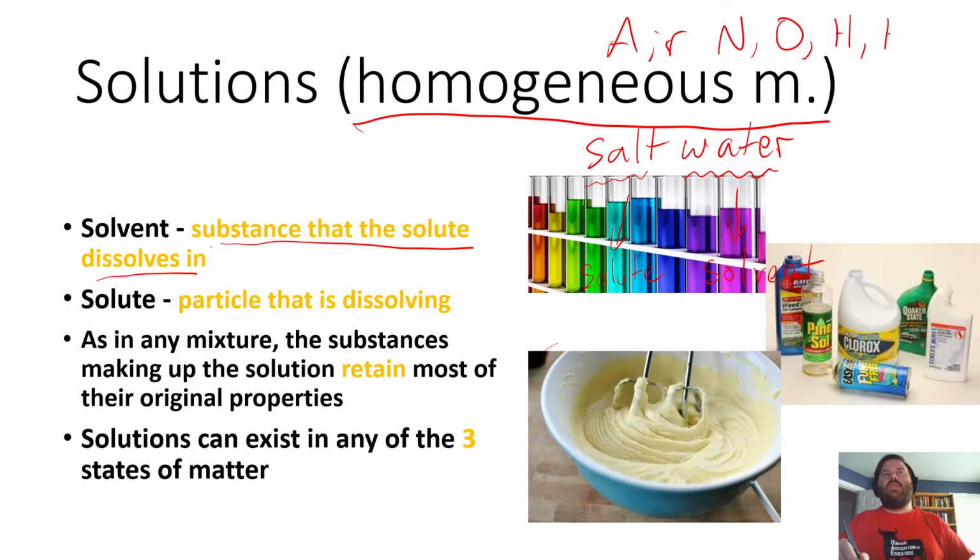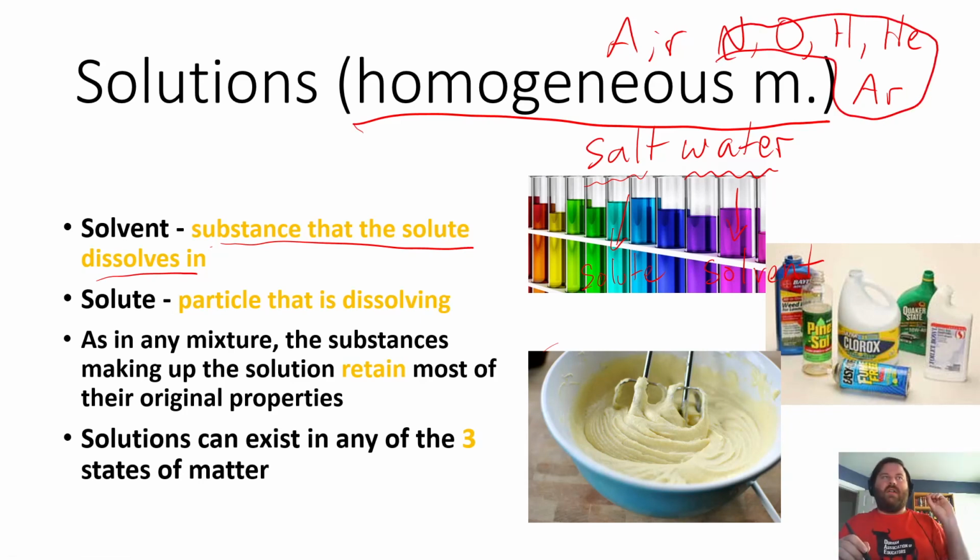There's hydrogen, there's helium, there's other stuff like argon, more interesting gases in there. So these are all mixed together, but if you took any sample of air and looked at it, it would look the same as any other bit of air that you looked at. And so crucially, that is what makes it homogeneous and a mixture.